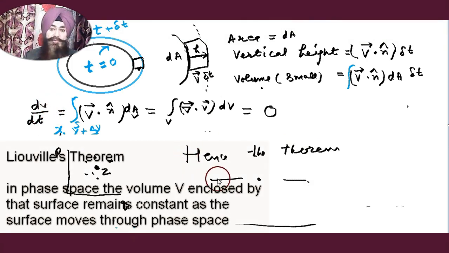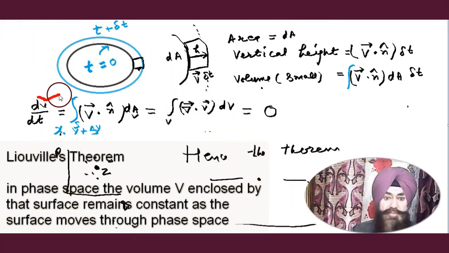That is the proof of the theorem. The phase space of a system may evolve, but its volume remains constant. It is not a function of time. This is the proof. Thank you.